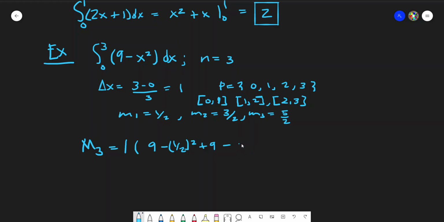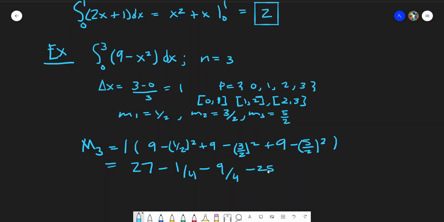This is 3/2 squared) plus, so now we have (9 minus 5/2 squared). Now notice that 9 plus 9 plus 9 is 27. So we have 27 minus 1/4 minus 9/4 minus 25 over 4.